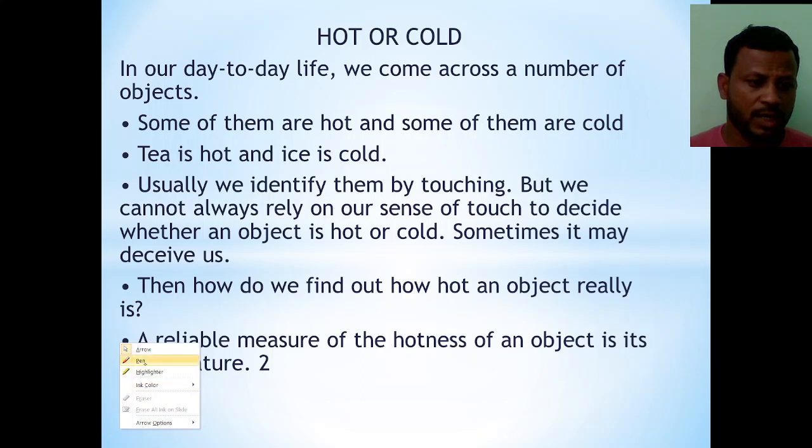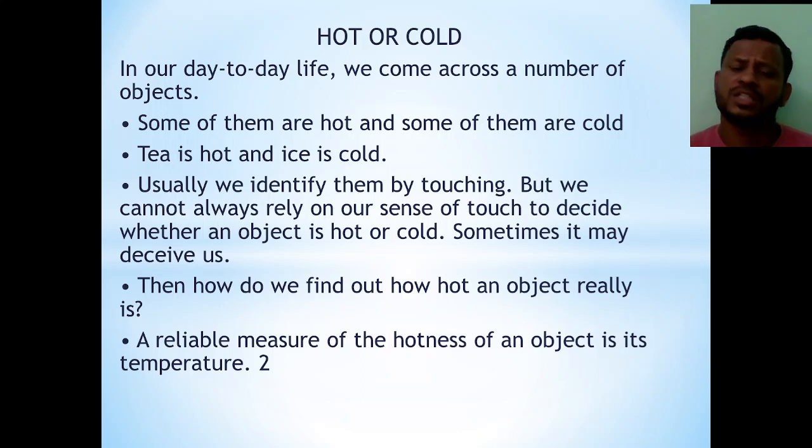Some have physical properties and some have chemical properties. A lot of objects we see in our day-to-day life. Some of them are hot and some of them are cold.